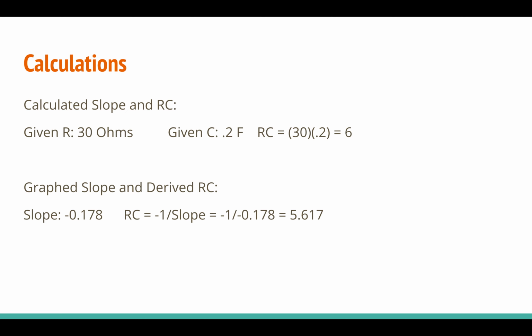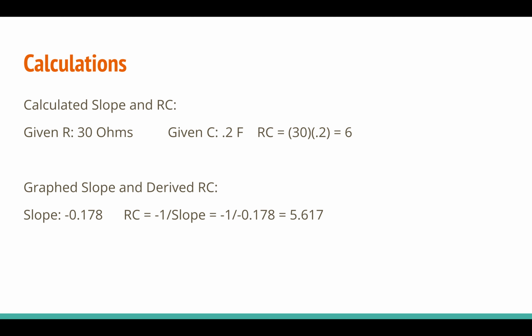All right. So then calculating both the slope and RC through simple calculations, not using the graph, we were given a resistance of 30 ohms, and we were given a capacitance value of 200 millifarads or 0.2 farads, and RC is therefore the product of the two, 30 times 0.2, which gives us 6.